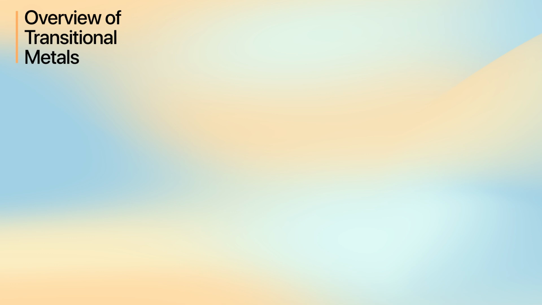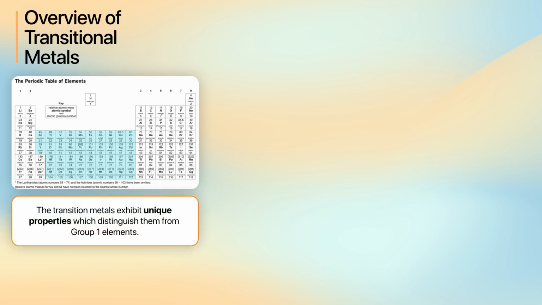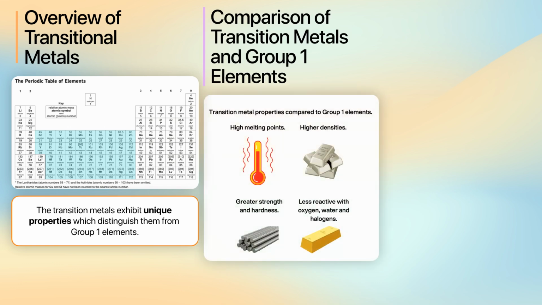Firstly, transition metals occupy the central block of the periodic table, situated between groups 2 and 3. These elements, including iron, copper, chromium, cobalt, and zinc, exhibit unique properties that distinguish them from Group 1 elements. Secondly, understanding the differences between transition metals and Group 1 elements is essential due to their contrasting properties.